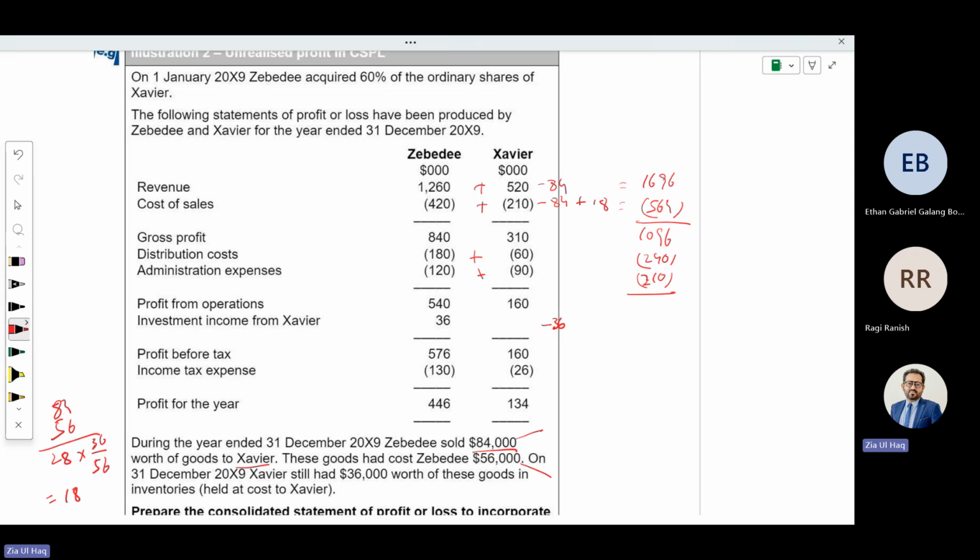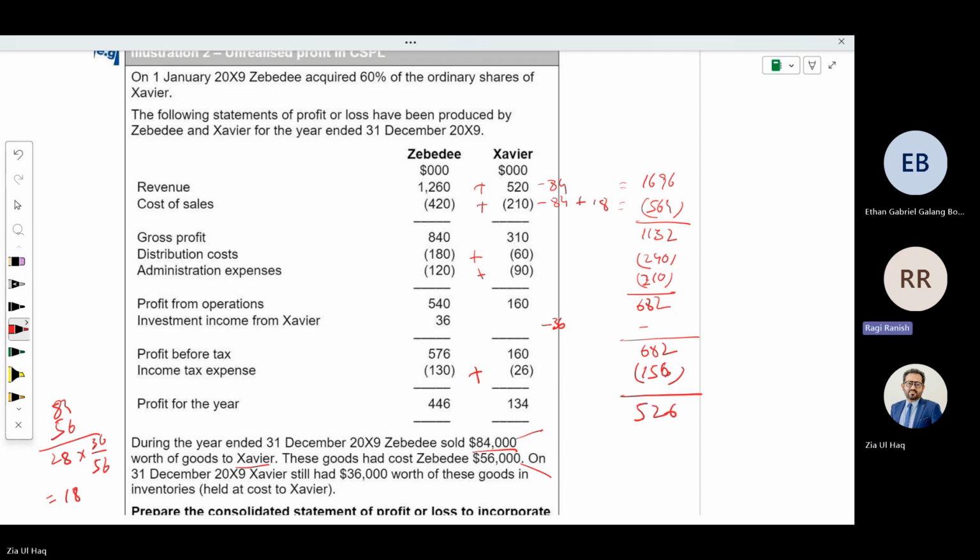So what is the GP then? 1132. Now profit from operations: 680. There is no investment income, so profit before tax is the same, 682. Tax, we need to add both these, 156. If we deduct, we find the profit.